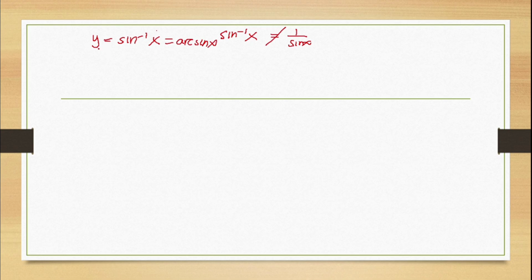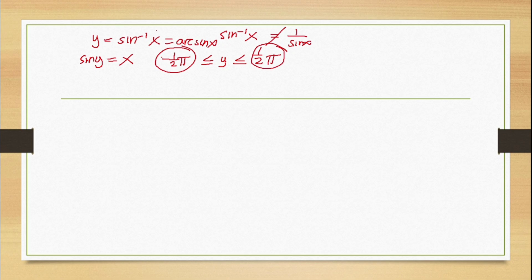So let us take y equal to inverse sine x. If we transform it, we have sine y is equal to x. At this point, take note that in the Cartesian plane, sine y is between negative 1/2 pi and positive 1/2 pi.